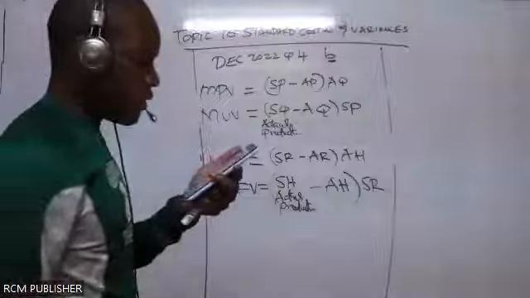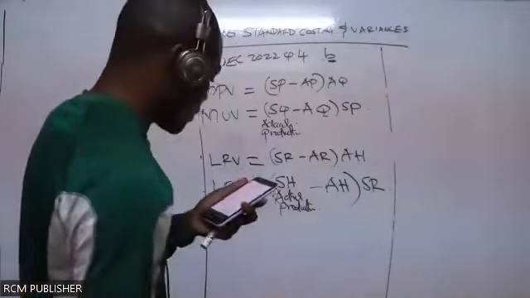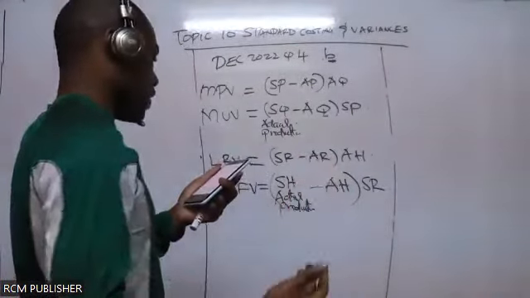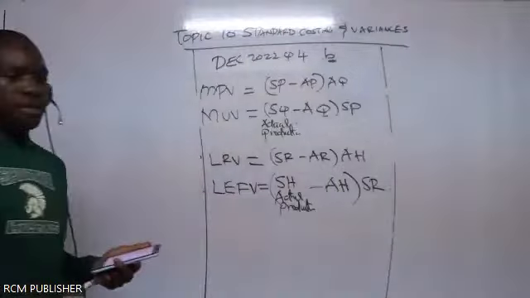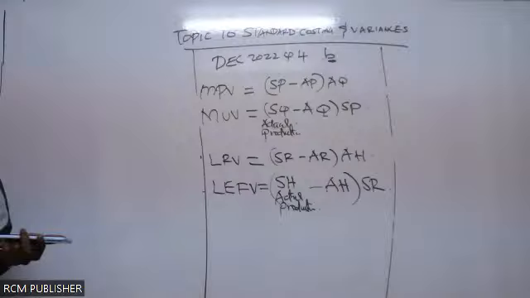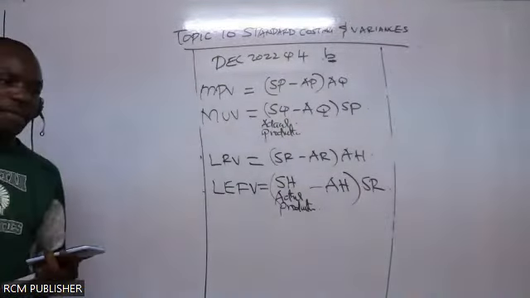So we have fixed overhead capacity variance and fixed overhead efficiency variance. That is what we need to add to these particular formulas that we covered yesterday.